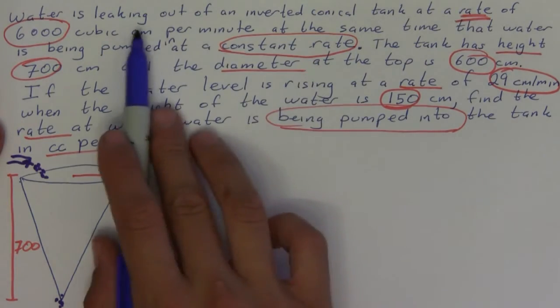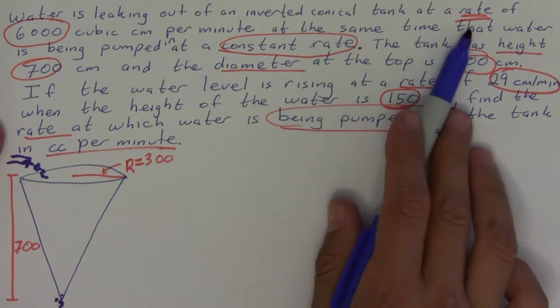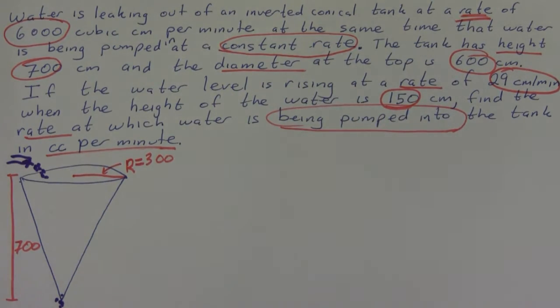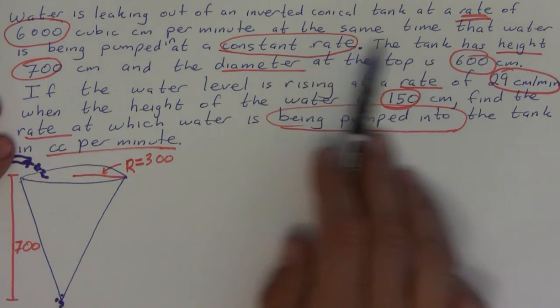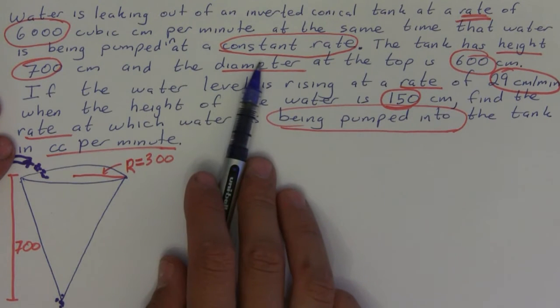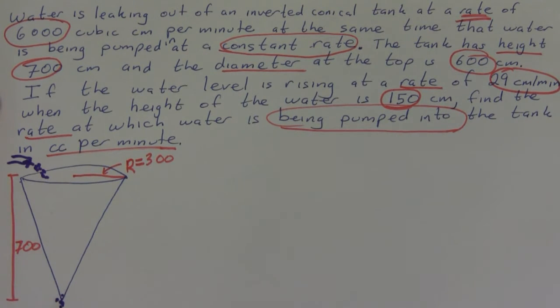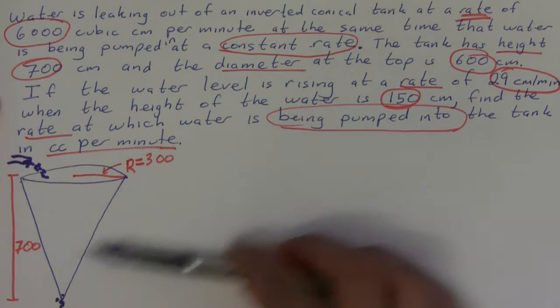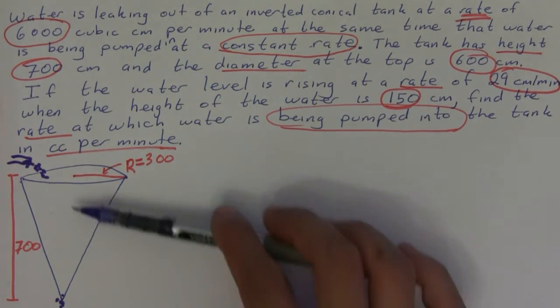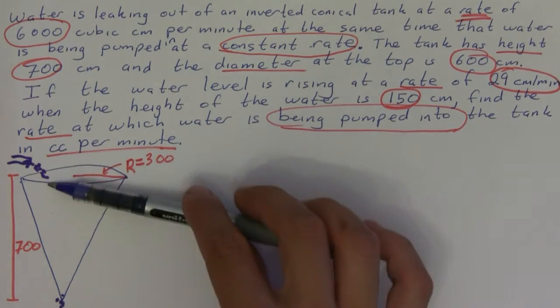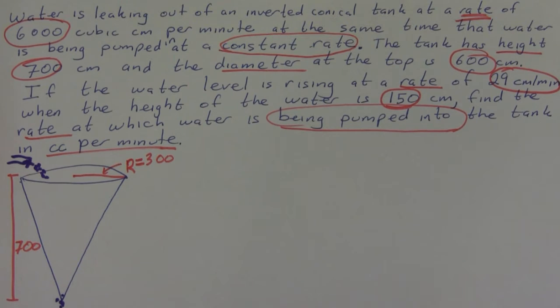It says it's leaking out of an inverted conical tank at a rate of 6,000 cubic centimeters per minute, at the same time that water is being pumped in at a constant rate. So there's water being pumped in, there's water leaking out, and the volume of the water inside depends on how much is being pumped in and how much is leaking out of the bottom of the cone.